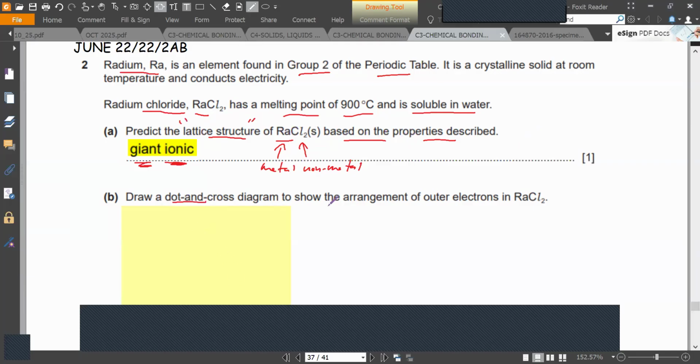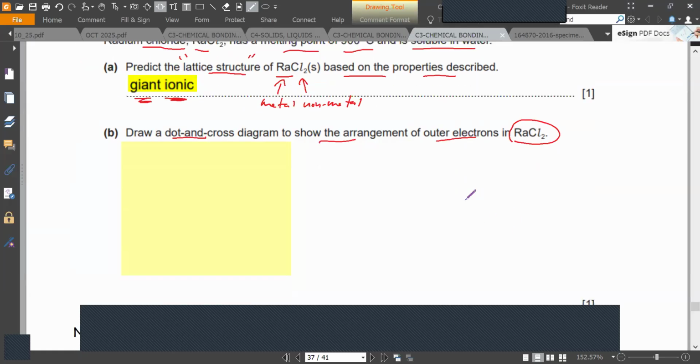Draw a dot and cross diagram to show the arrangement of outer electrons in RaCl2. Radium is in group 2, so we are starting with two outer electrons. Chlorine is in group 7, so 7 outer electrons, two of them.